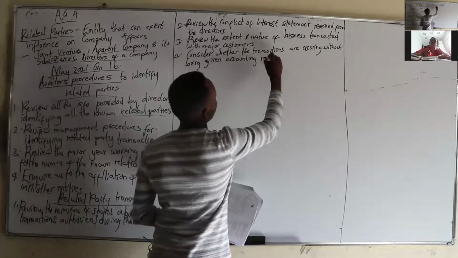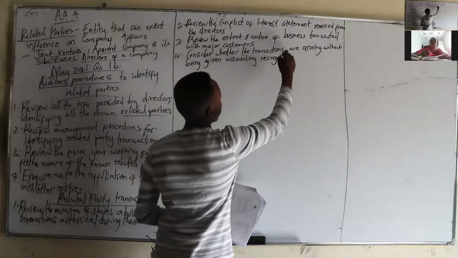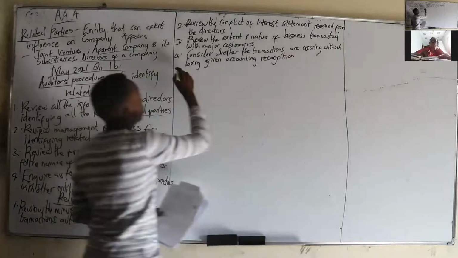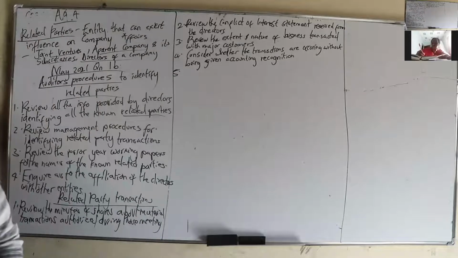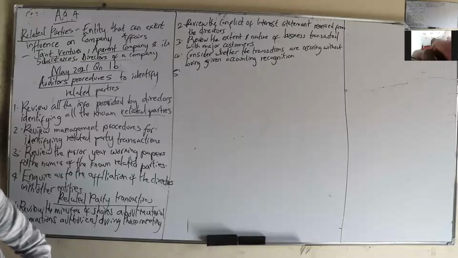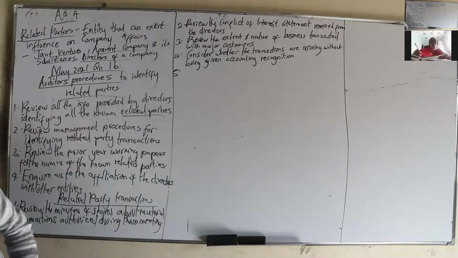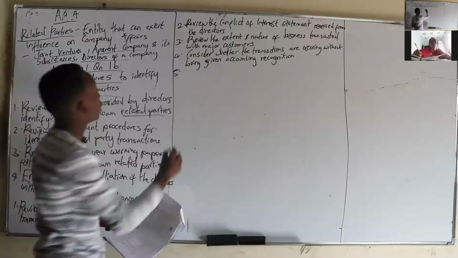So if you can recall, yesterday we talked about how to recognize revenue, and this is what you're saying. If these transactions are occurring without that basis of recognition, then that will be an area you have to look at. And then also review the accounting records for any large unusual transactions.